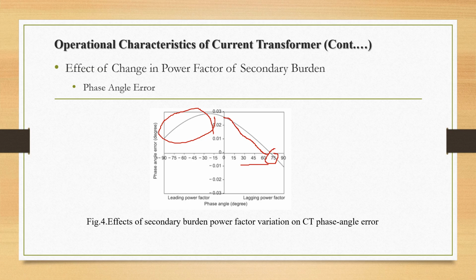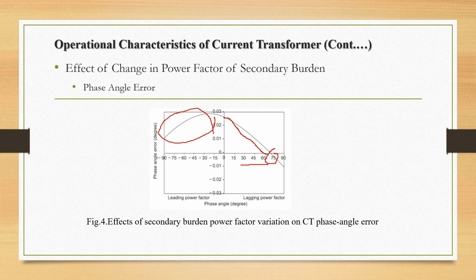If the load is capacitive in nature, the transformation ratio will be greater than the turns ratio, and from there we get that the phase angle error will remain positive for a capacitive or leading circuit.